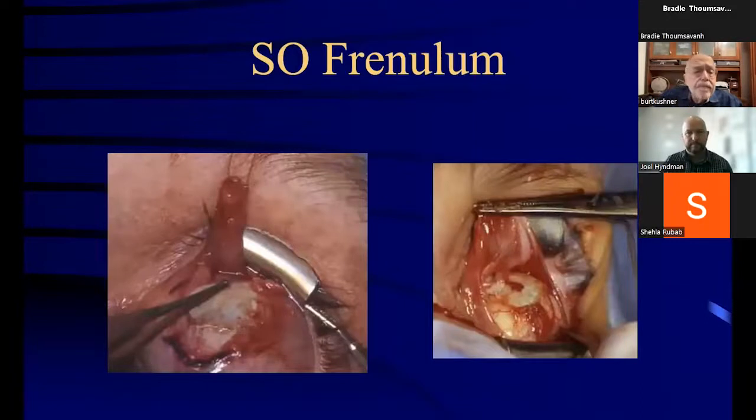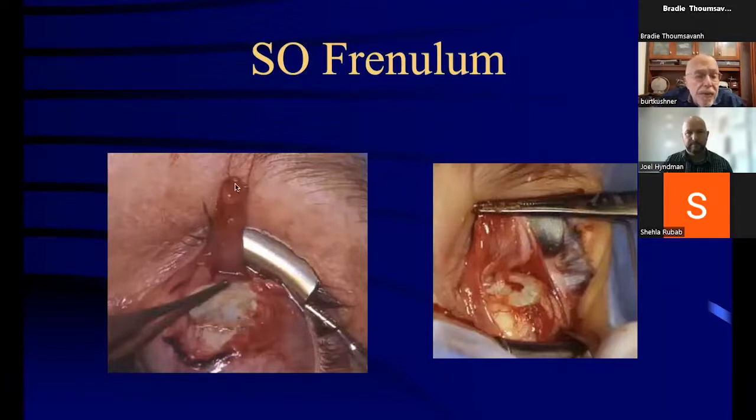Now, a word about the superior oblique frenulum. This has not gotten a lot of attention, and I think it should. It leads to some of our adverse outcomes. The superior oblique is attached to the undersurface of the superior rectus by a thin connective tissue called a frenulum.